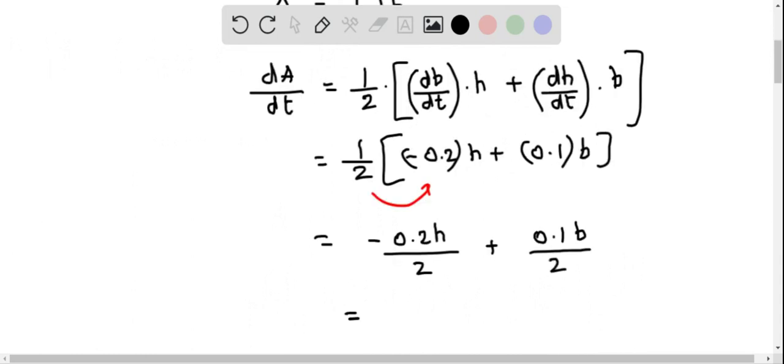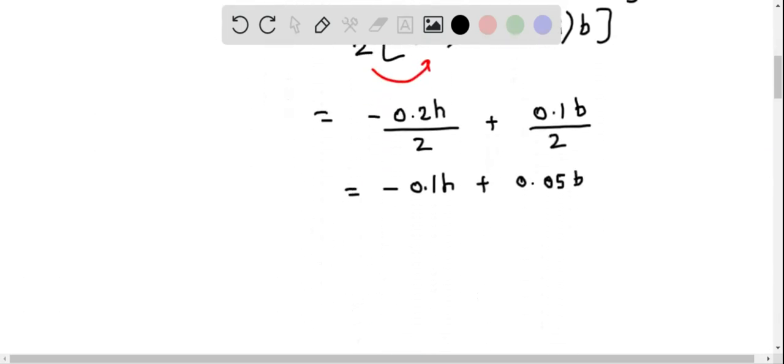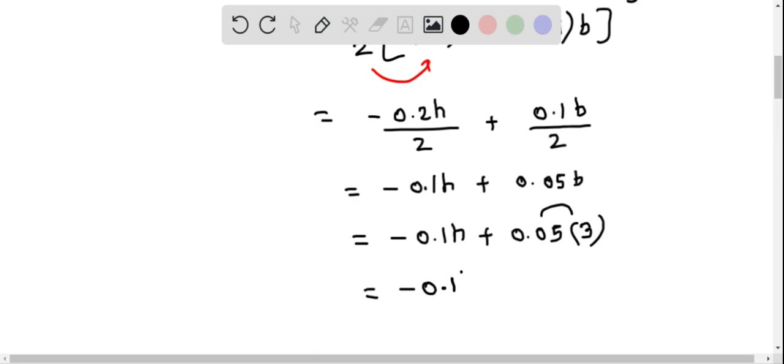So this becomes negative 0.1 H plus 0.1 by 2, which is 0.05 B. In fact, we can substitute the value of B which is given in this problem. We are given that B equals 3 centimeters. So I'm going to substitute that here. So this becomes negative 0.1 H plus 0.05 times 3. So when you multiply these two, we get negative 0.1 H plus 0.15.